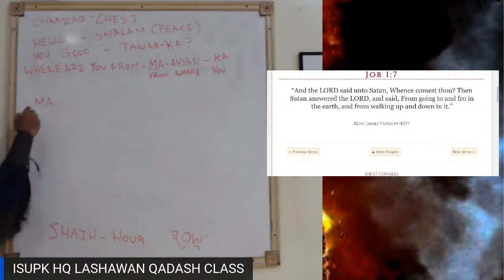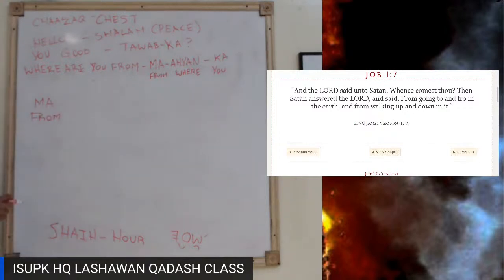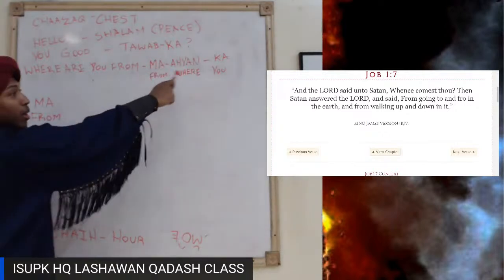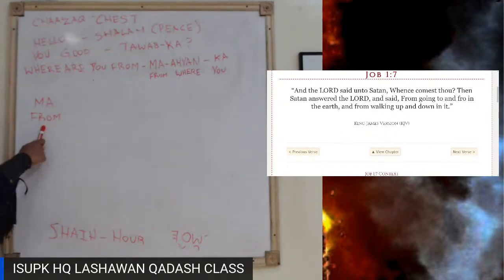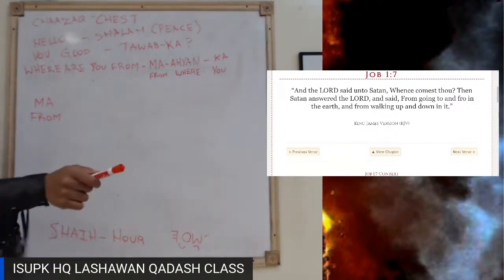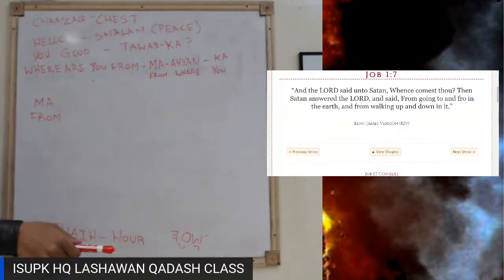Right? Ma, to say from. So Shalayala. Ma Ayanka. Basically, from, okay, Ma. From where are you? From where are you? That's just it. Okay, but I asked you where you're from.